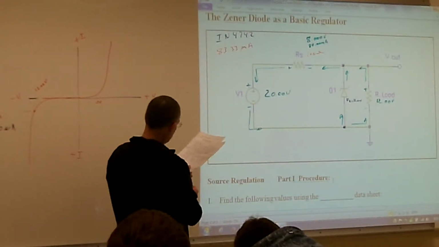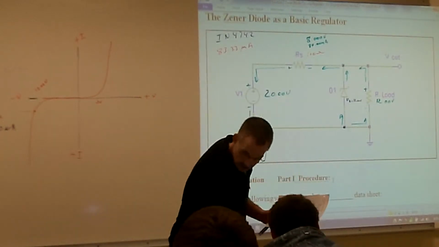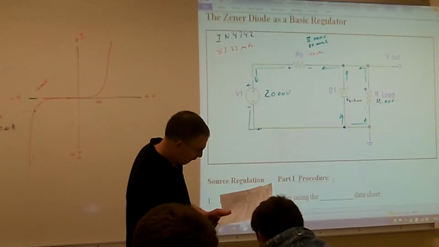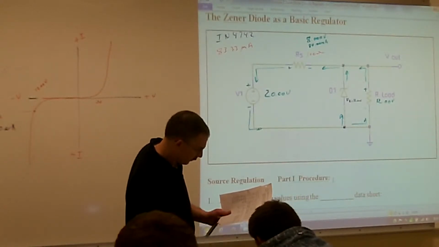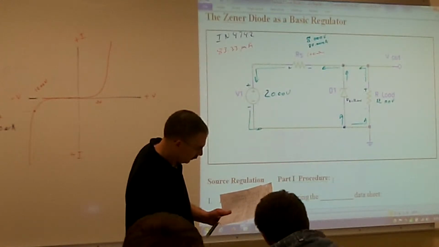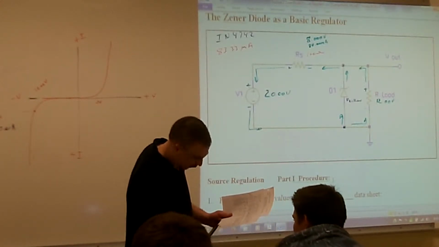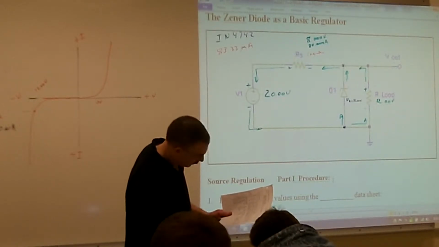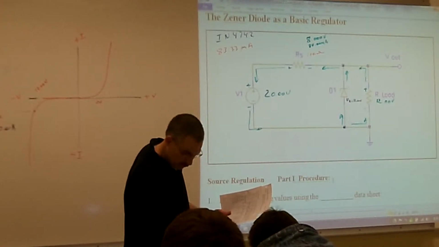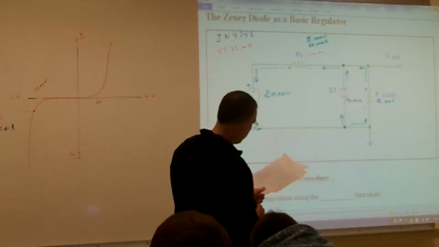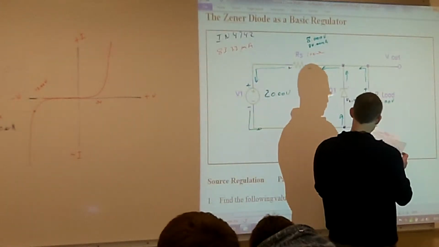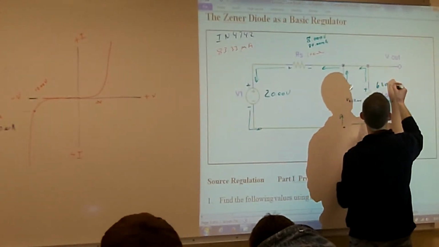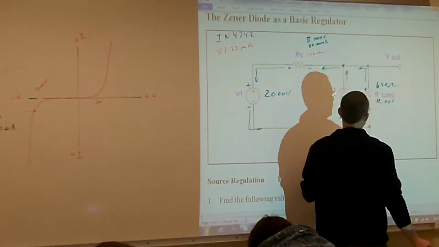Let's see, did I do the... That's one number I've got to calculate yet. I'll tell you what the load is here. My load is going to be a 680 ohm resistor.